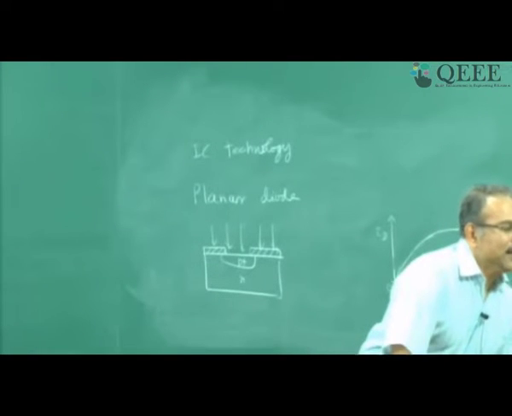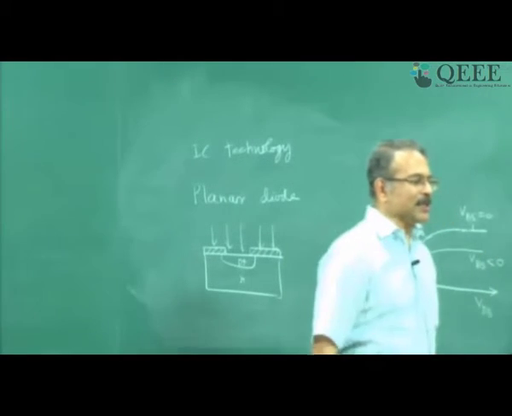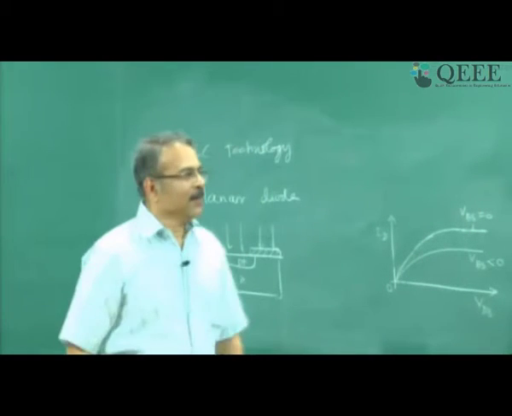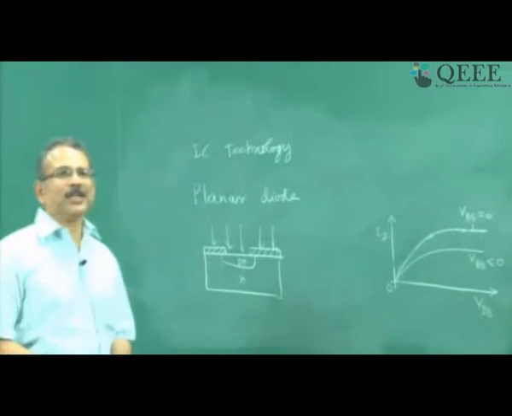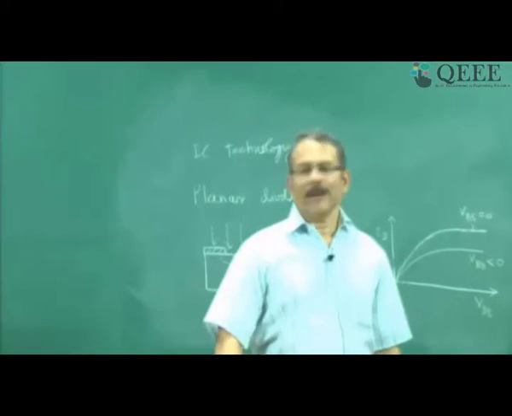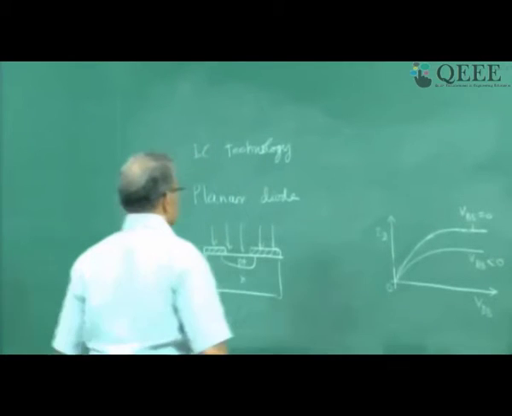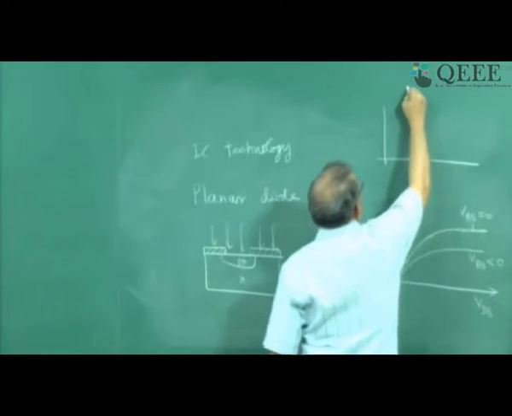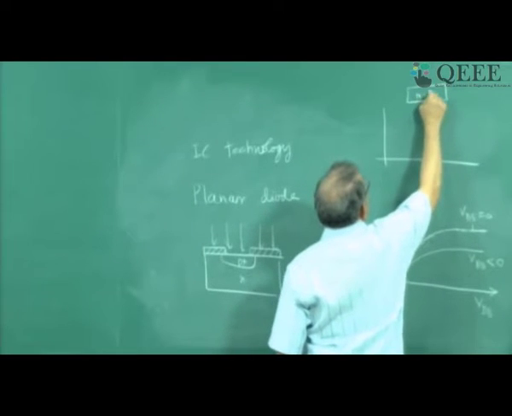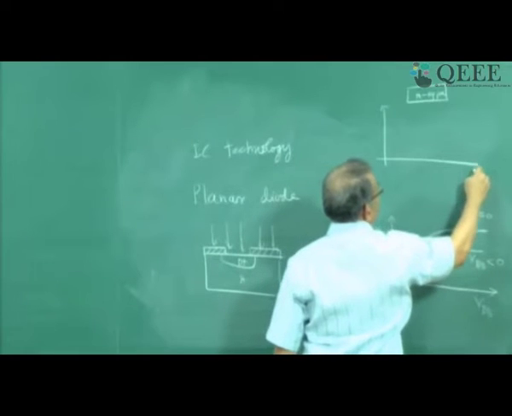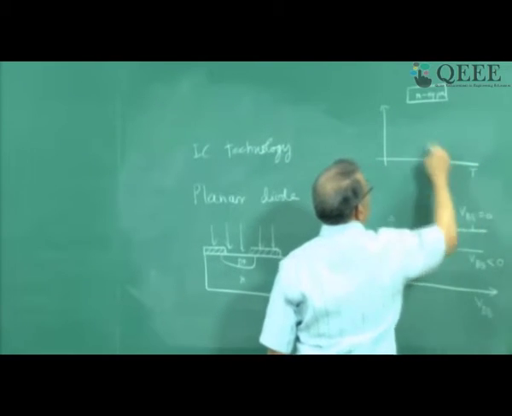Does the change in temperature change the carrier concentration? Yes, we have explained this in the very first session, right? By changing temperature you can change carrier concentration, but it depends on the range. For example, supposing I take an N-type semiconductor and plot electron concentration versus temperature.